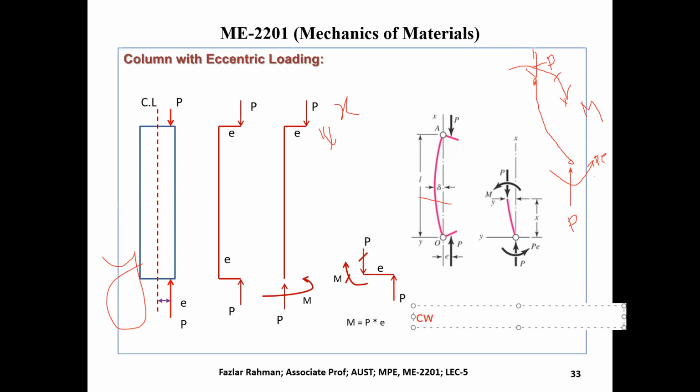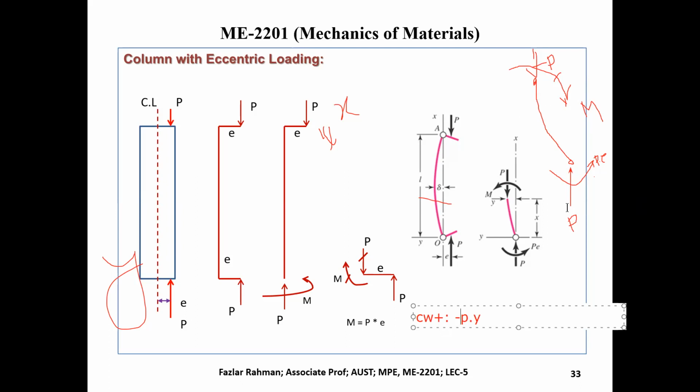If I take the moment, I am saying clockwise is plus, meaning positive. Then what do you get? You have this one, P into this distance. If this distance is y, then I can say P into y. And this one is rotating anti-clockwise, so this will be minus, because I was saying clockwise positive.